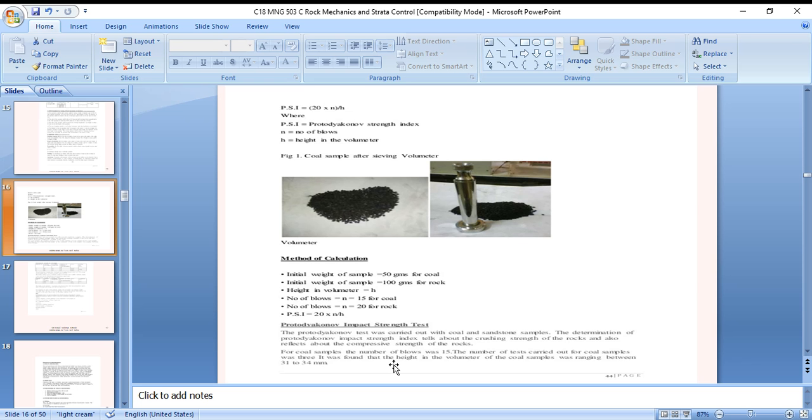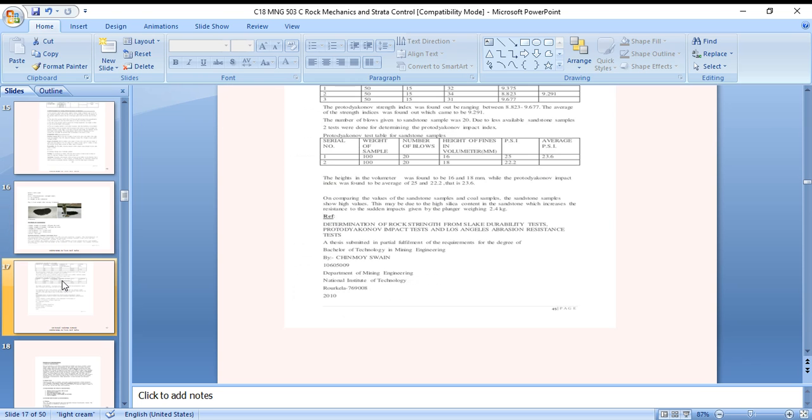For core samples, the number of blows was 15. The number of tests carried out for the core samples was 3. It was found that the height of the fines in the volumetric cylinder of the core sample ranged between 31 and 34 mm.